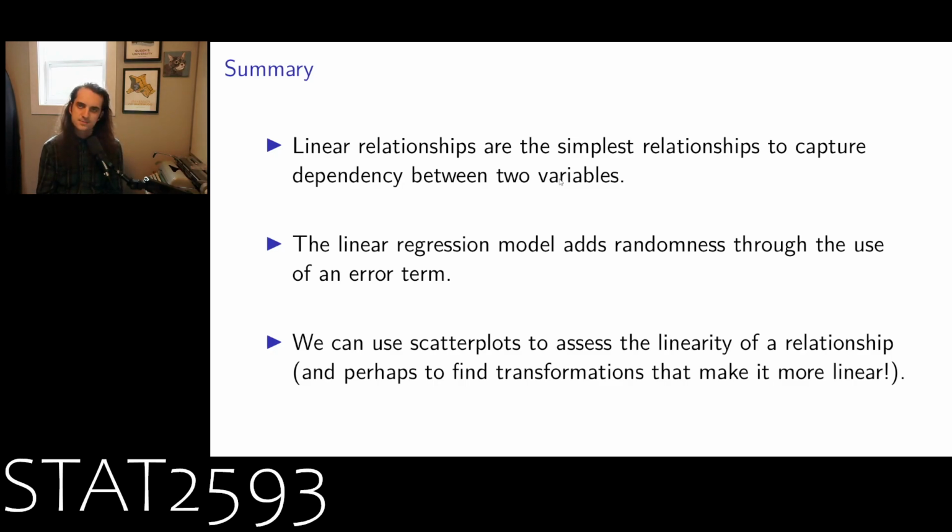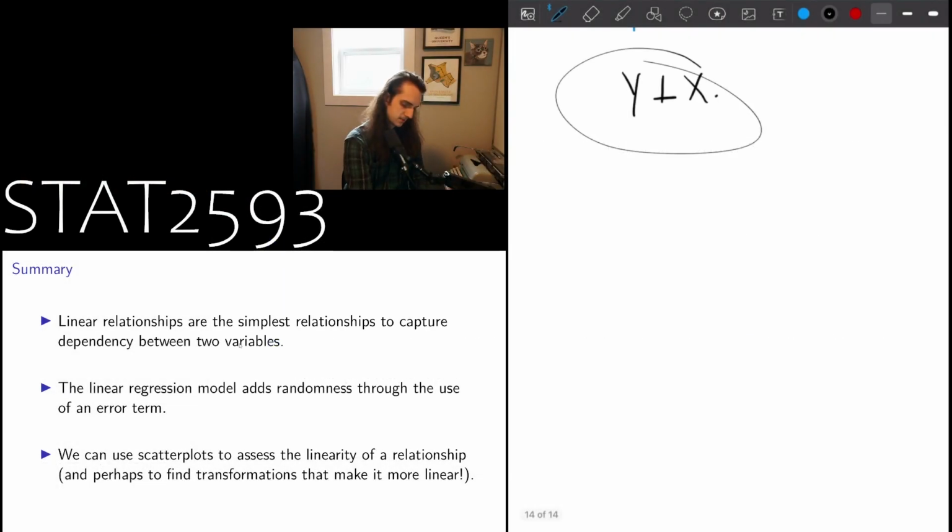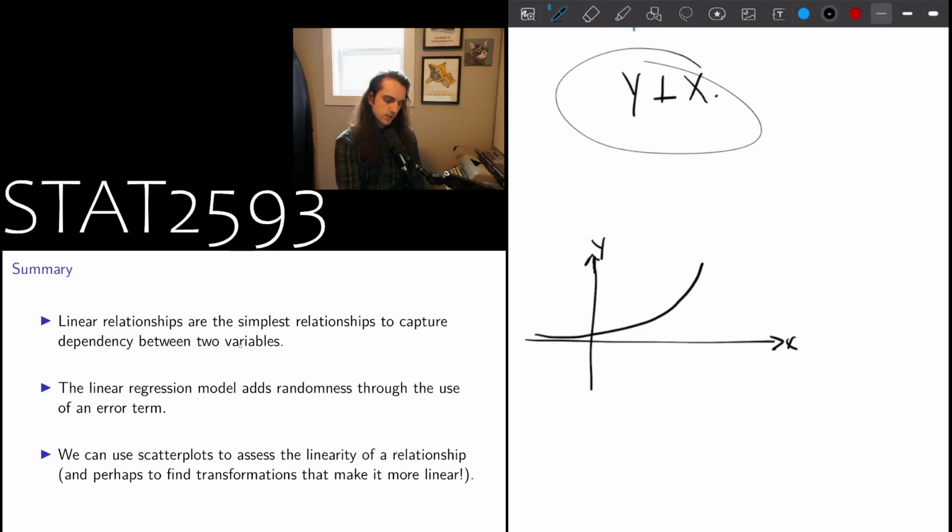And so we can see that in some example problems. But in particular, if you think about that example that we had here, where we had this exponential relationship, and this is x, and this is y, we know that this is going to look approximately like y is equal to e to the x.